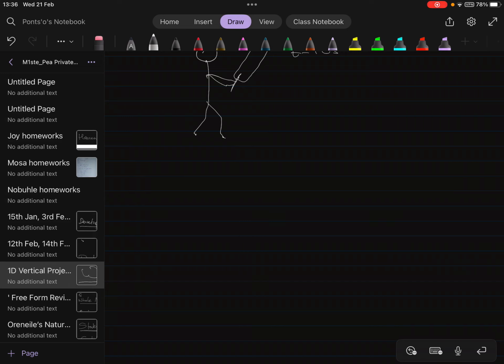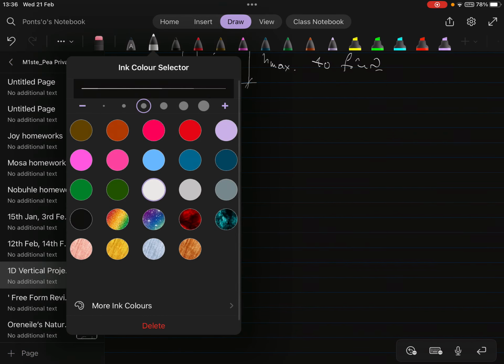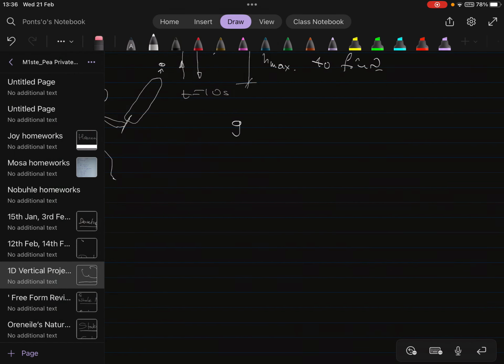We still don't have initial velocity. At maximum height, our final velocity is going to be 0. That's true. We don't know the initial velocity. And then we have gravitational force, which is 9.8 meters per second squared. Definitely. That's correct.